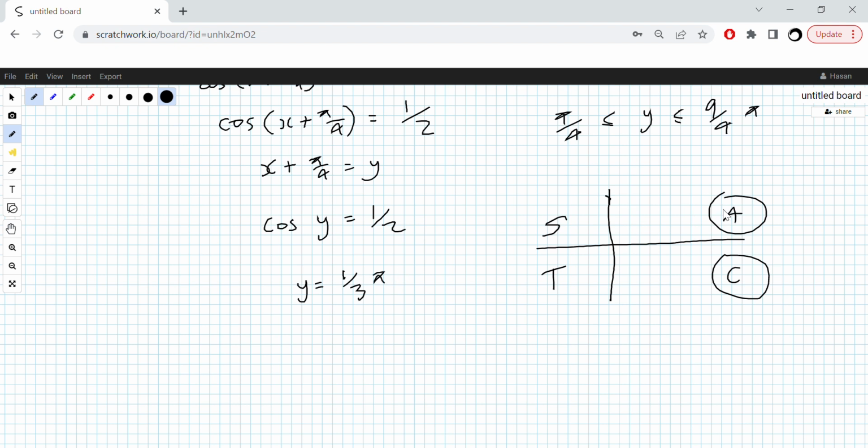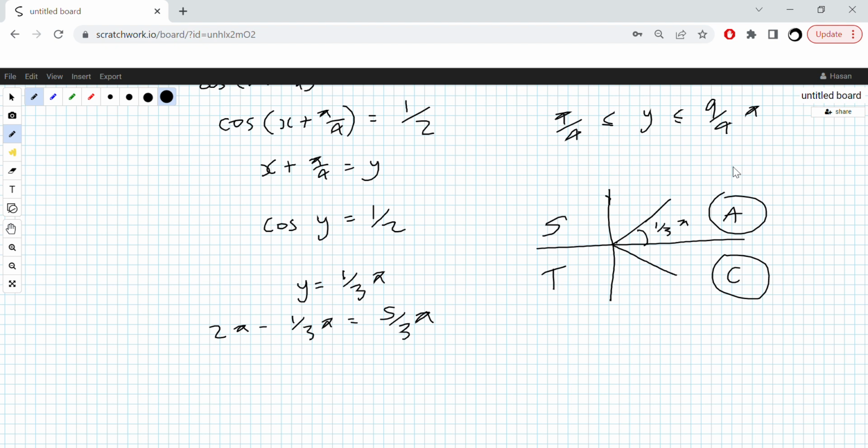That gives us this region, a third π. And now we need to figure out this region, and to do that we're going to do 2π minus a third π, and that equals 5/3 π.